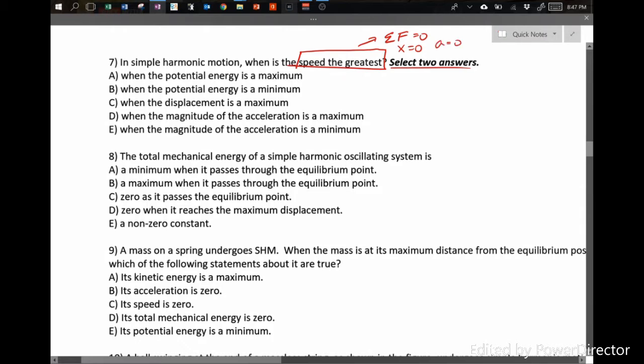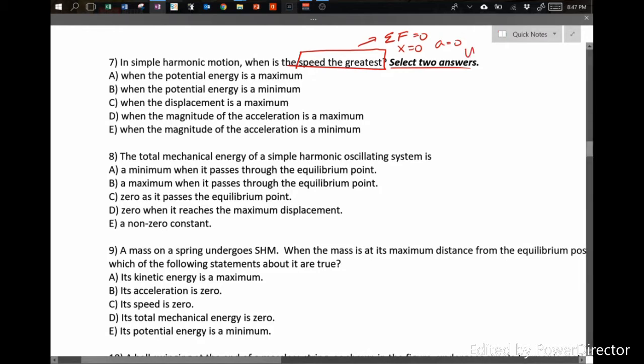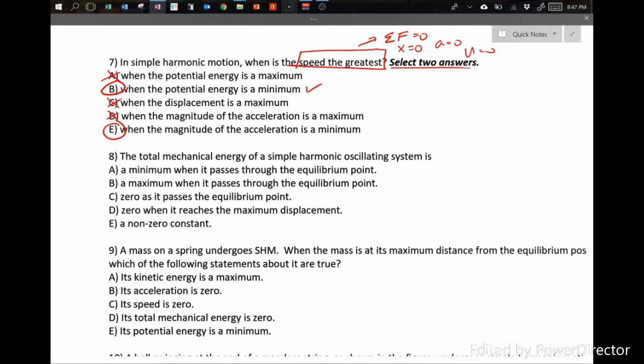All those things happen when the speed is the greatest. We also have potential energy. This is small. So potential energy is a minimum, not a maximum. The displacement is at a minimum. The magnitude of the acceleration is at a minimum, not a maximum. My answers there are B and E, because greatest speed occurs at equilibrium.